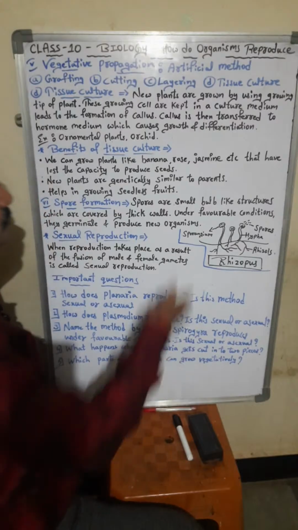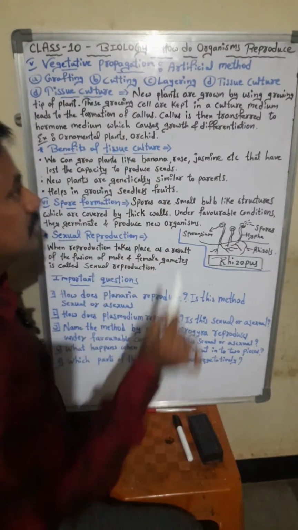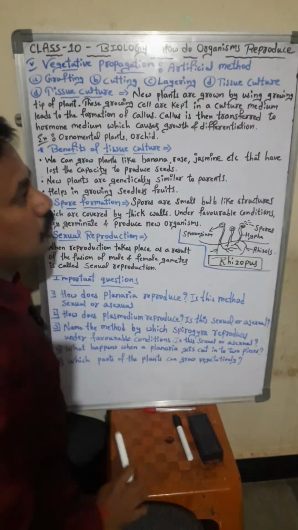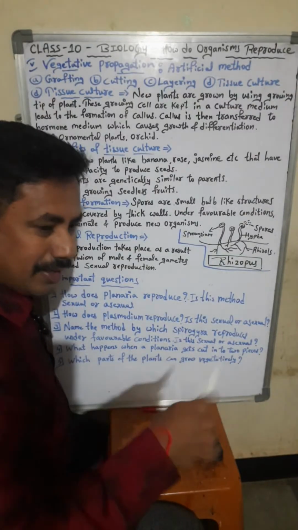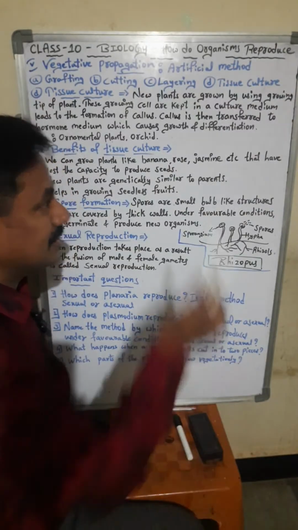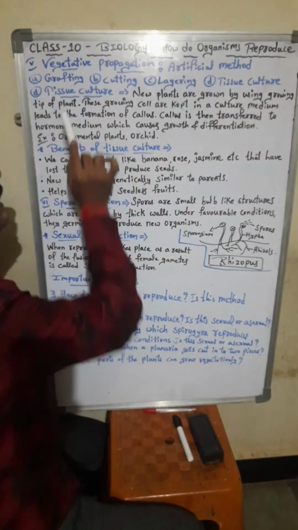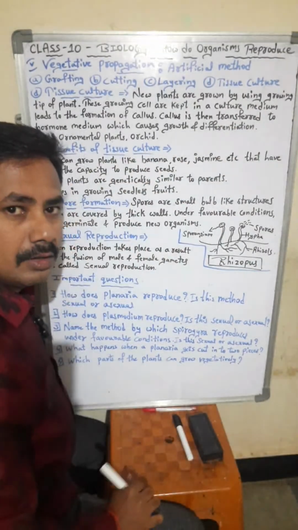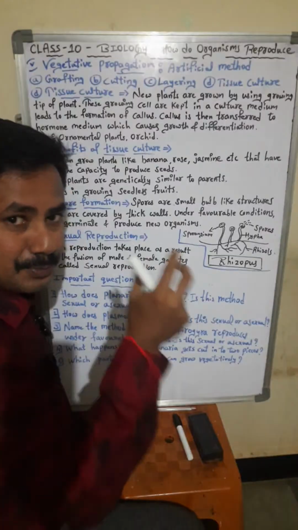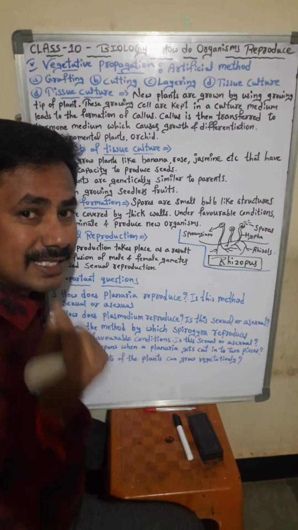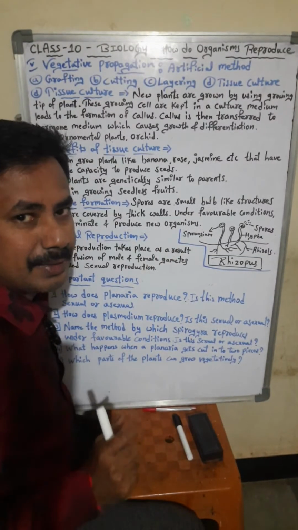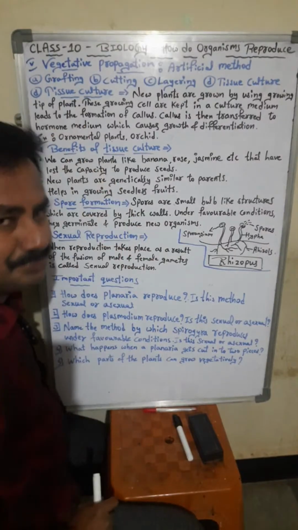So what do you mean by tissue culture? New plants are grown. How can we grow new plants? By using the growing tip of the plant. Plants are growing at the tips, and new cells will come because of meristematic tissue. That is what we have to take.